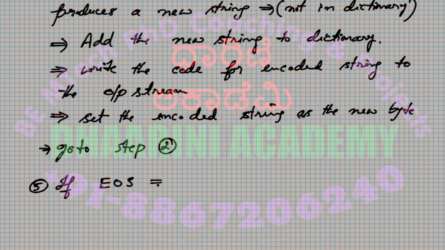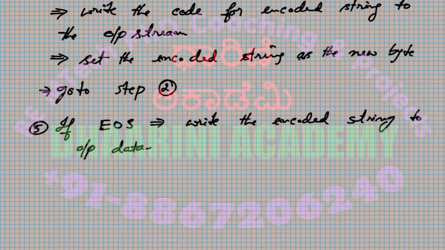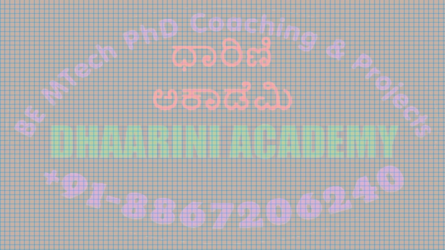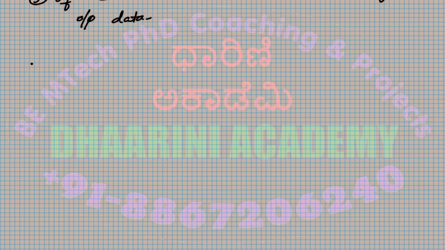If end of string, write the encoded string to output data. So that's how you perform the encoding. Here itself I'll give even the decoding part, so that later on we can directly go to the problem. So this is the decoding.